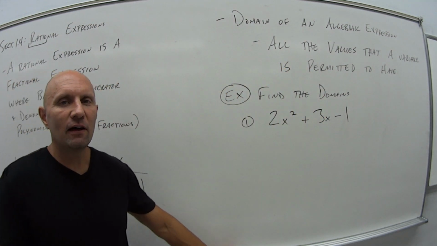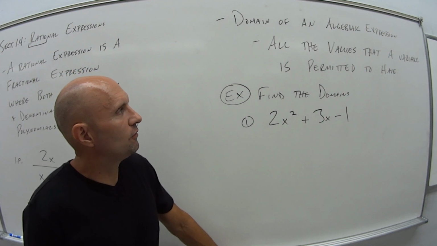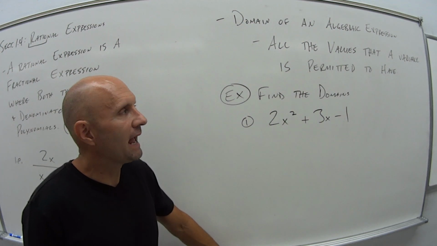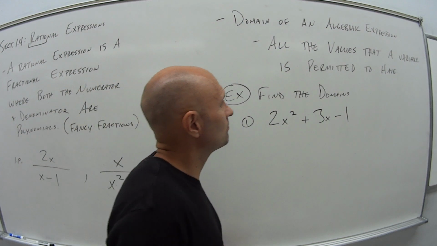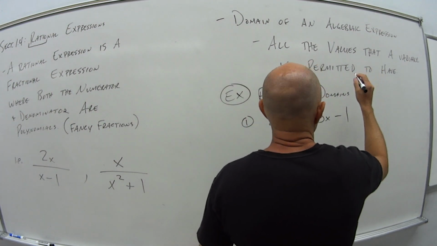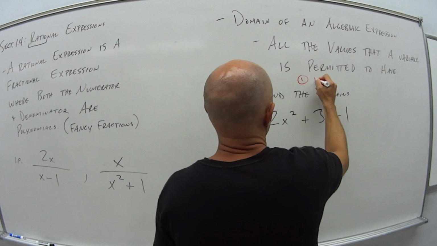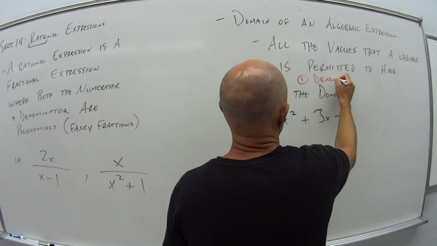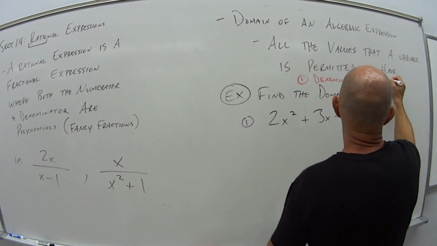What values can this variable be permitted to have? For our purpose here, for this class specifically, we're worried about two things: denominators, and radicals.